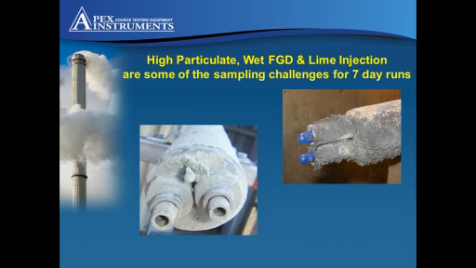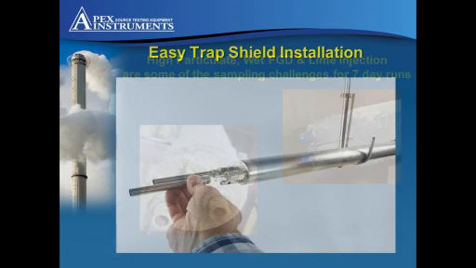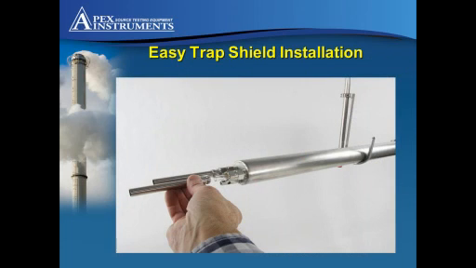Particulate, acid gas and moisture can cause sampling issues. This is where trap configuration can help with the process conditions. Additionally, trap shields can protect each trap. An illustration of the individual trap shields, ensuring no restriction for the pre- and post-leak checks.